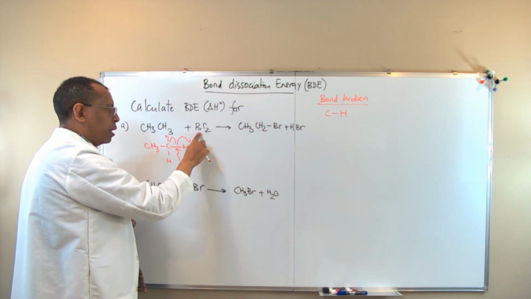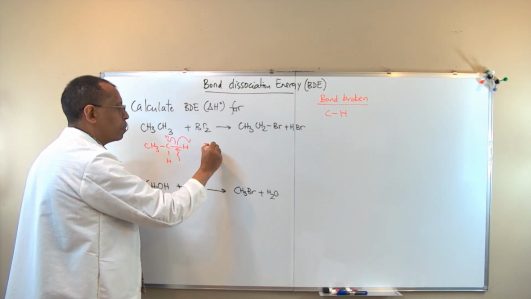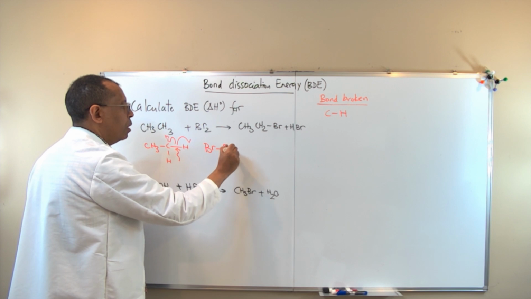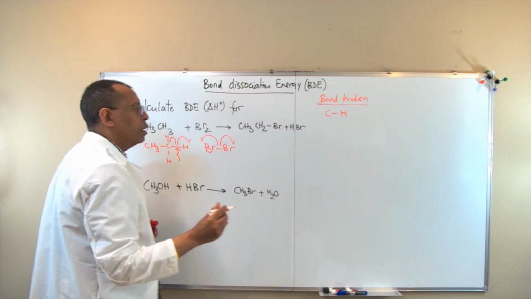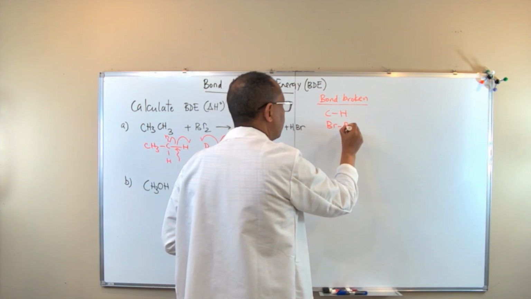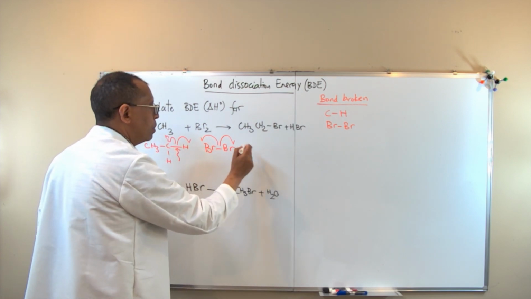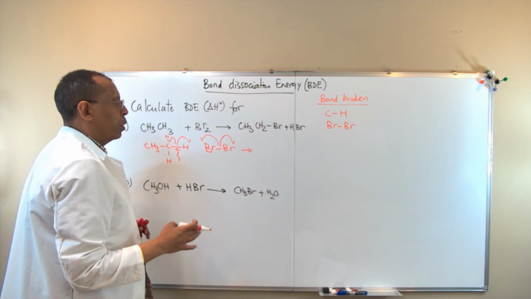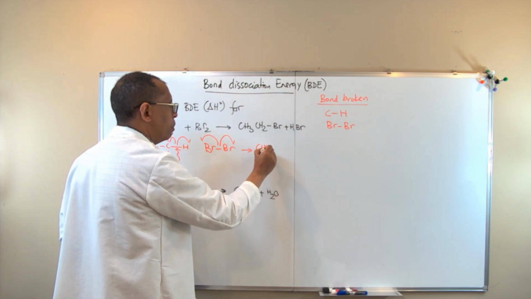Here also, for the reaction to happen, the Br-Br bond has to be homolytically broken. So bond broken, bromine, bromine. In the product side, if you just look here, what is being made is the carbon-bromine bond.